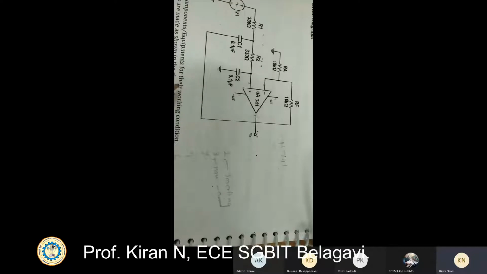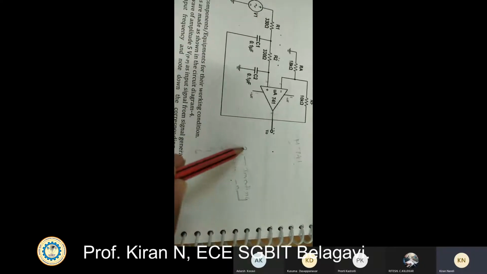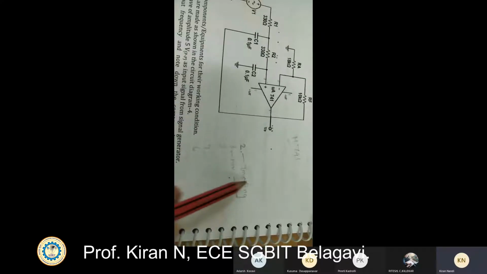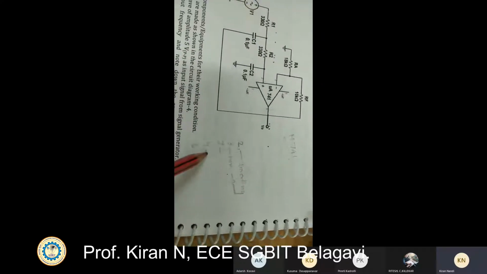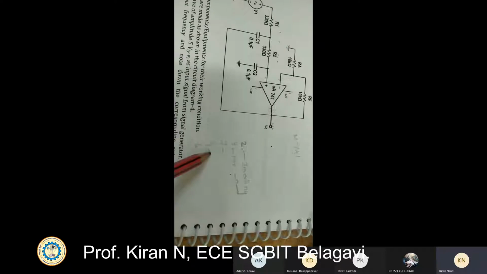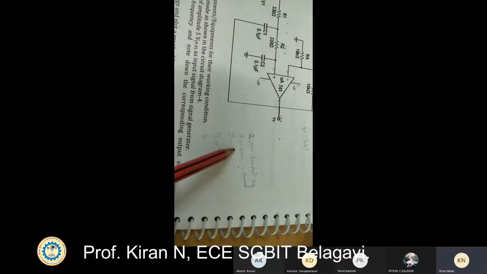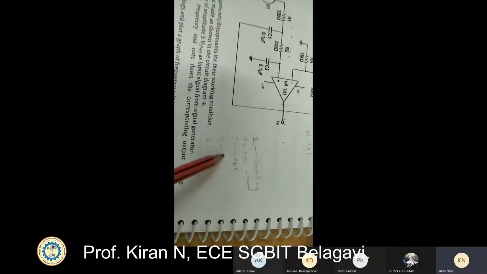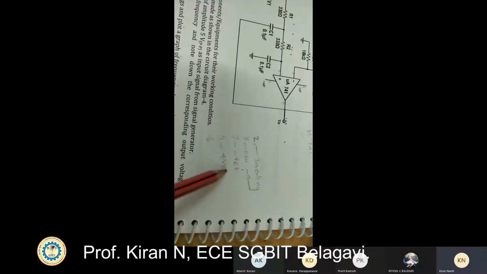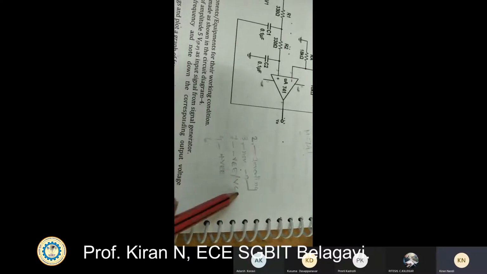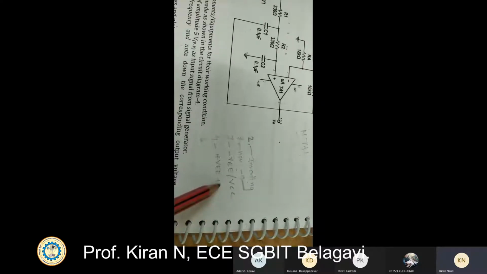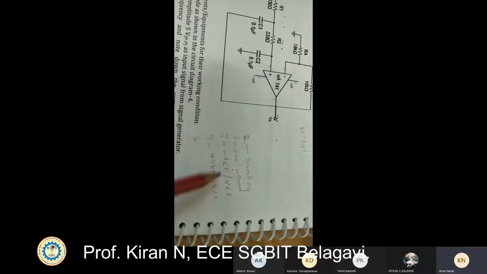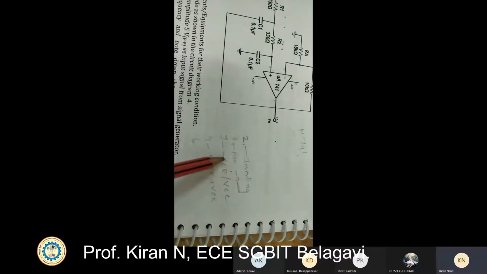Pin number 7 and 4 are given as minus VEE voltage and plus VEE voltage, or they are also called minus VCC and plus VCC voltage. So here we are providing both voltages, that is a positive voltage and a negative voltage.